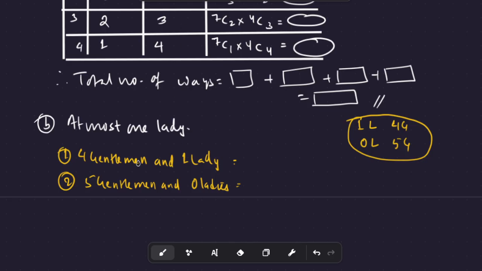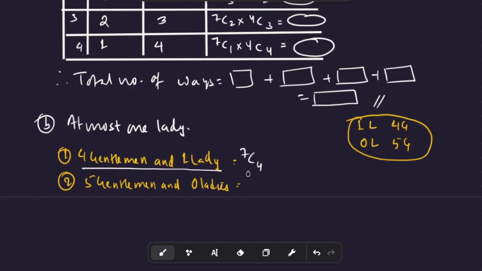Now, in how many ways can four gentlemen and one lady be selected? 7C4. Wait, it is only the selection of four gentlemen. What about the one lady?